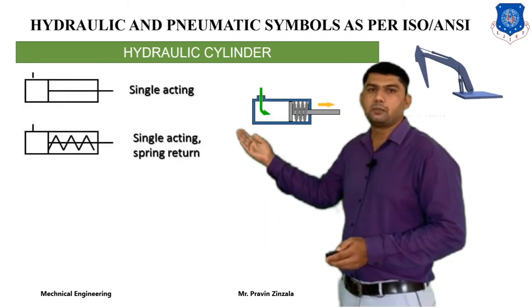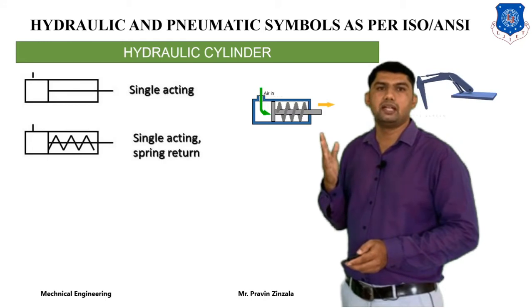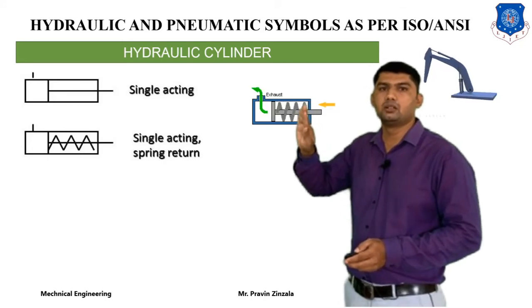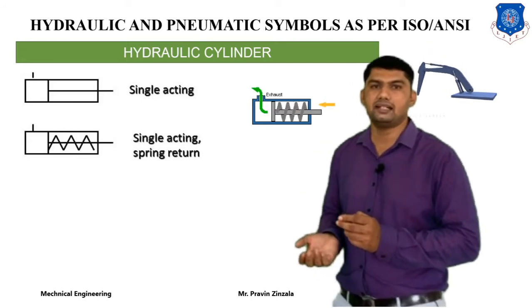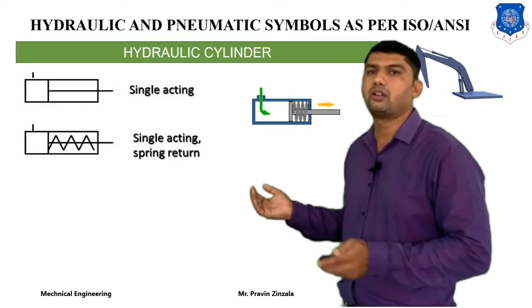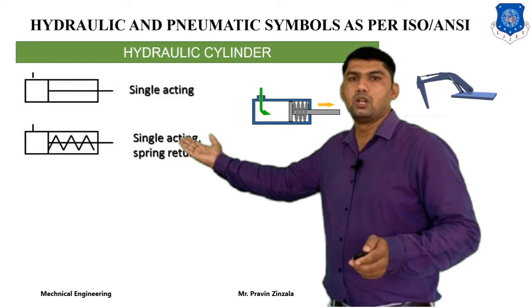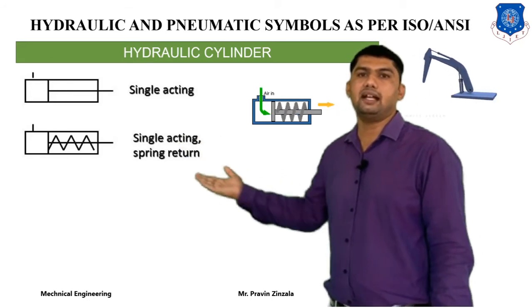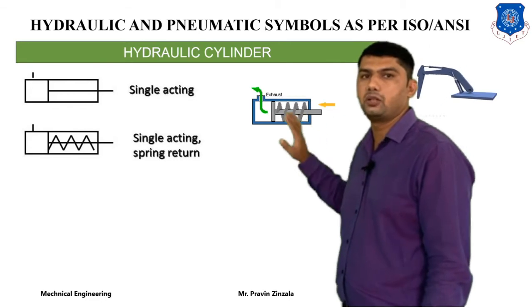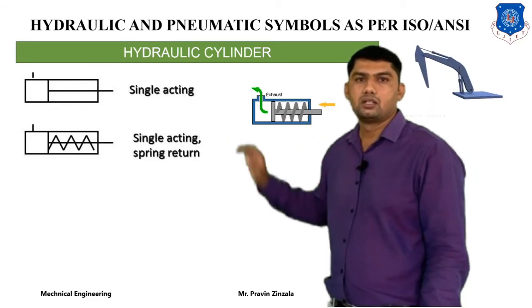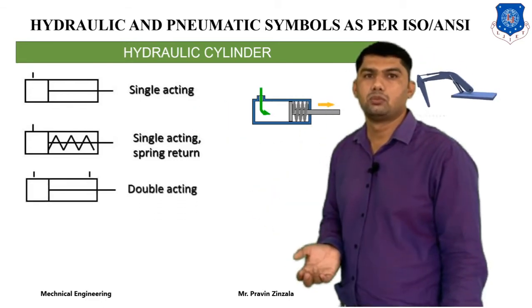Compressed air is supplied to the first side so the cylinder extends, and due to the spring motion it retracts. The second symbol is the single acting cylinder with spring return type. Here the spring is used to automatically return to the steady or original position.